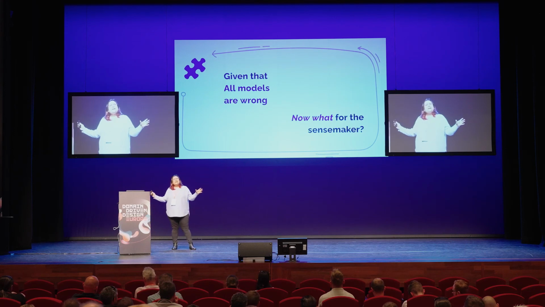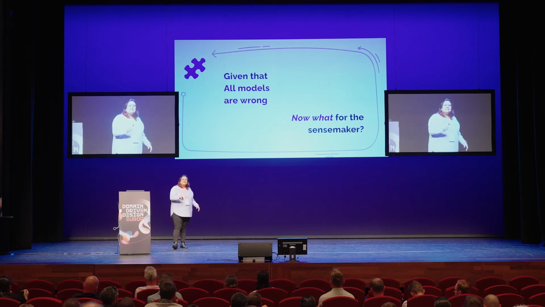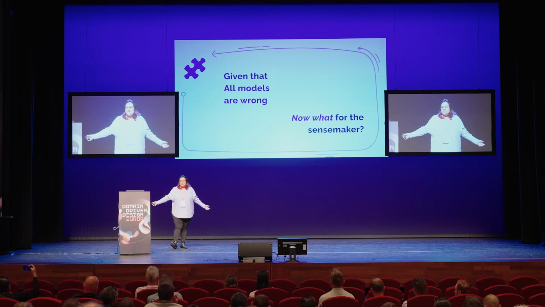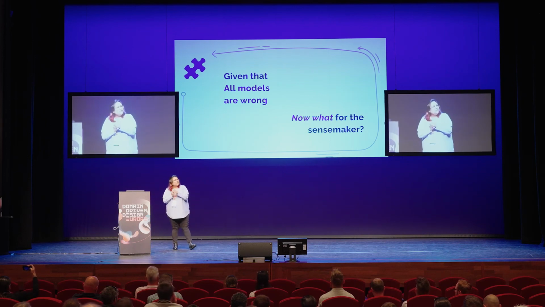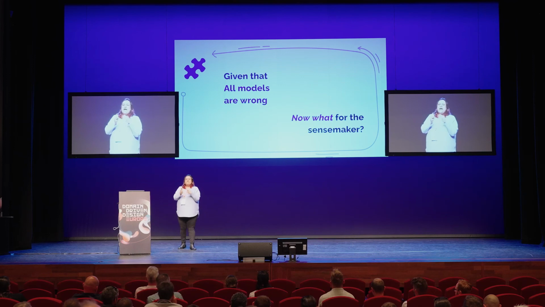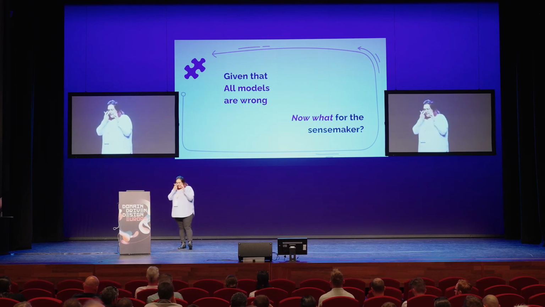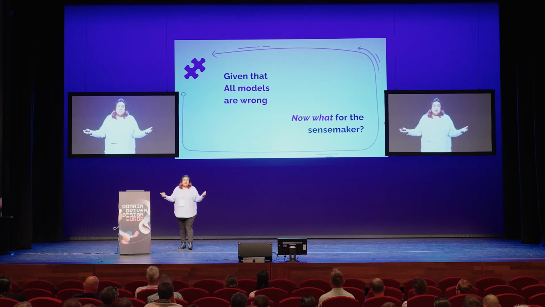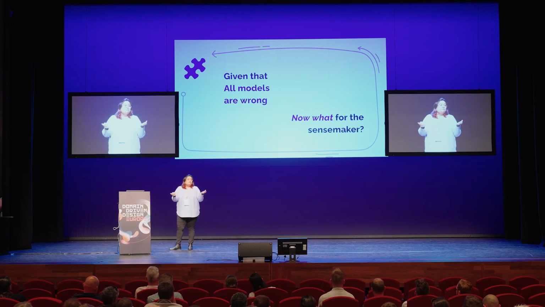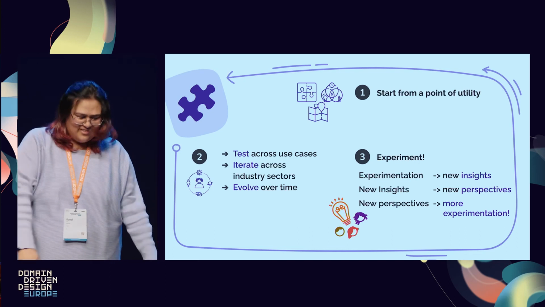Now, I don't think there's anyone in this room who's going to disagree with the fact that all models are wrong. We all know it, we all agree with it, we have all internalized it. And if all models are wrong, then now what? Where do we go and why do we model?